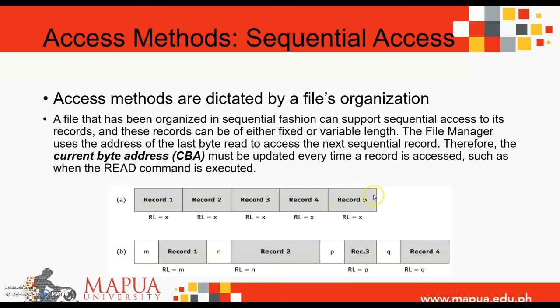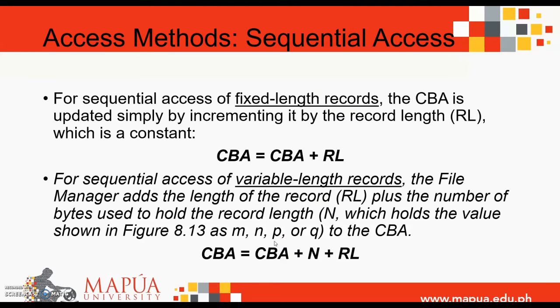We can see here the blocks represent the fixed length, and this set of blocks, example B, represents the variable length with different record length values. For the sequential access of fixed length records, the CBA is updated by incrementing it by the record length RL, which is a constant.